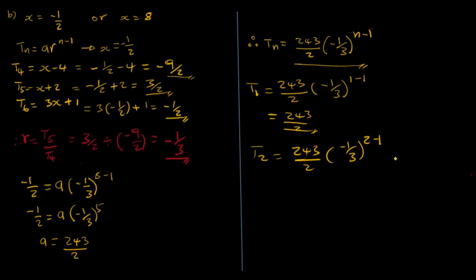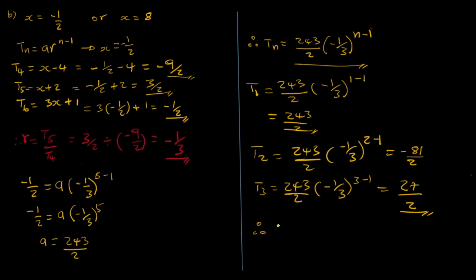Therefore, the answer will be minus 81 over 2. Term 3 will be 243 divided by 2 times minus 1 over 3 to the power 3 minus 1, and the answer will be 27 divided by 2.